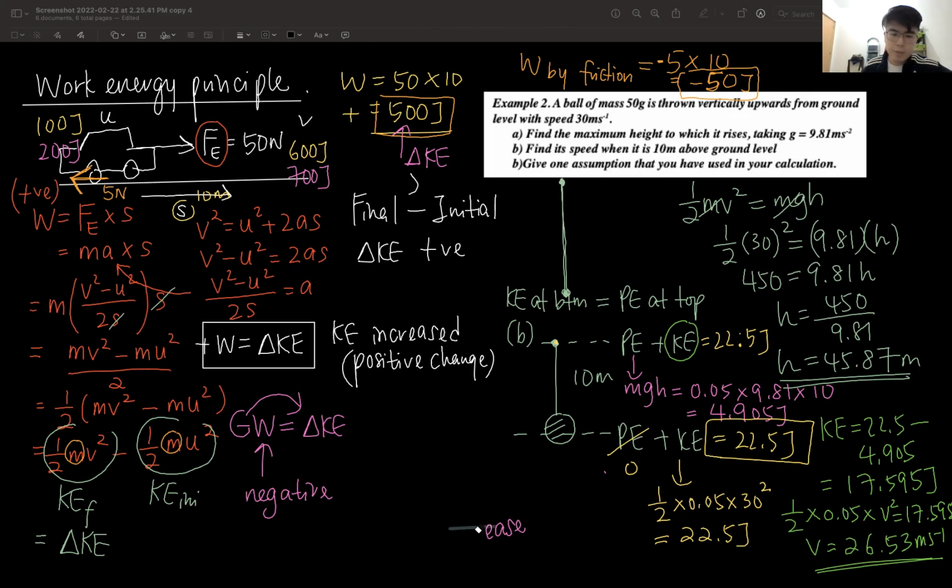When I throw the ball up, once the ball leaves my hand, my force is no longer acting on the ball, only gravity is acting on it, so the force is downward. How much is the downward force? F equals mg, so 0.05 times 9.81, 0.4905 Newton.